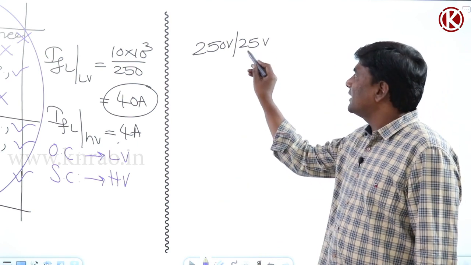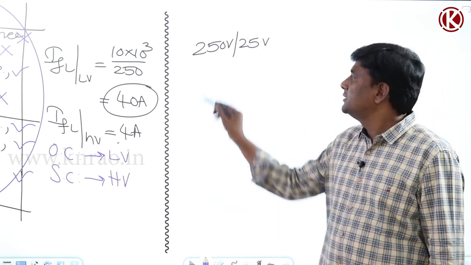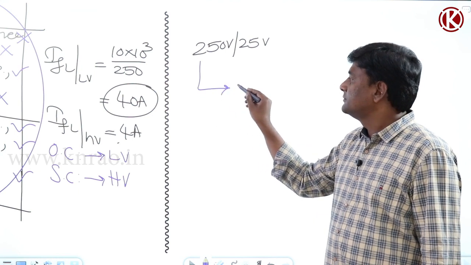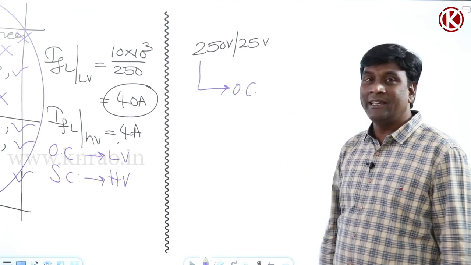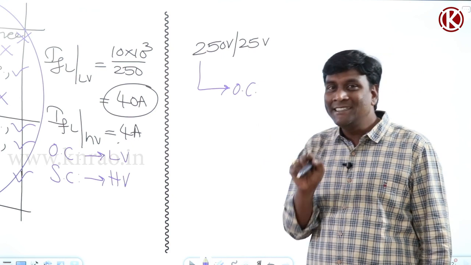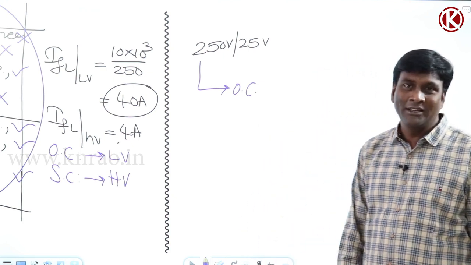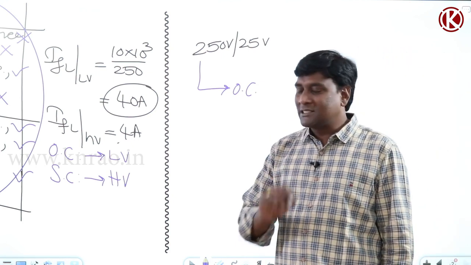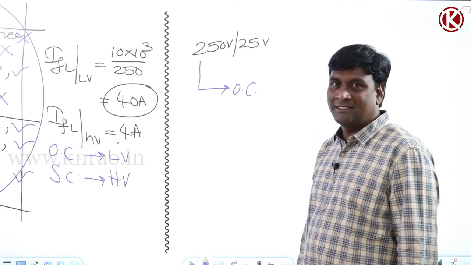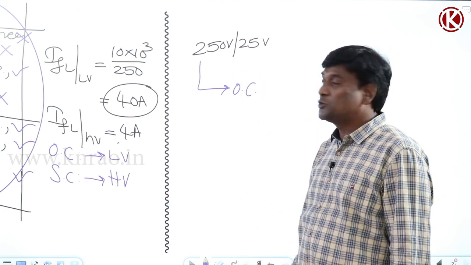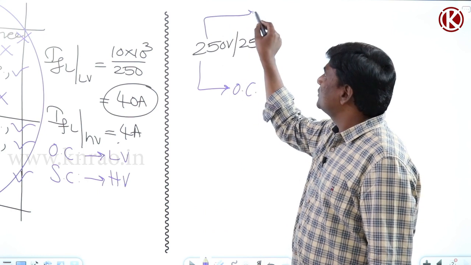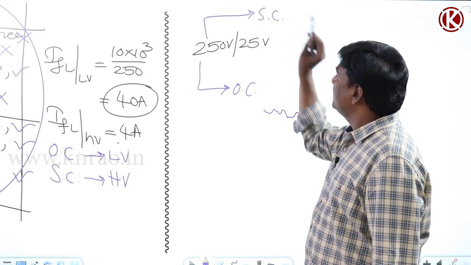So can I conduct OC test on LV side or HV side? HV side. Why? 250 volt source is easily available. Now I will conclude, just wait. Now if you think of SC test on HV side or LV side, SC test also should be conducted on HV side only.